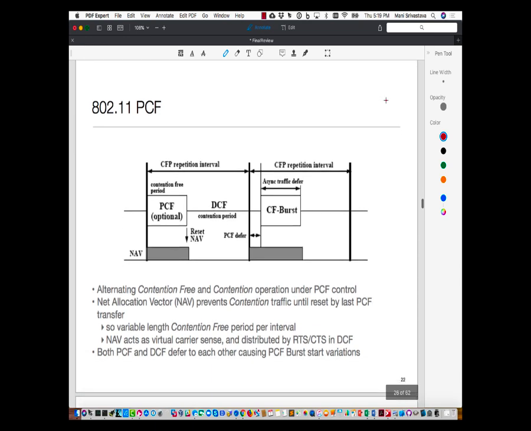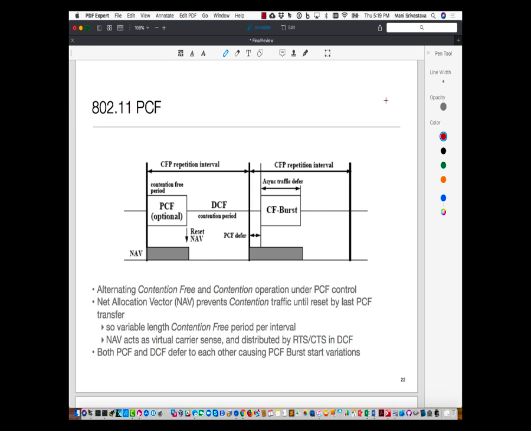So what 802.11 also has is this mode where the whole system operates in a periodic manner, and then a time within each time frame is set aside for a collision-free transmission. And so that's indicated by this PCF, and then the remaining time, DCF, is set aside for that contention-based mechanism.